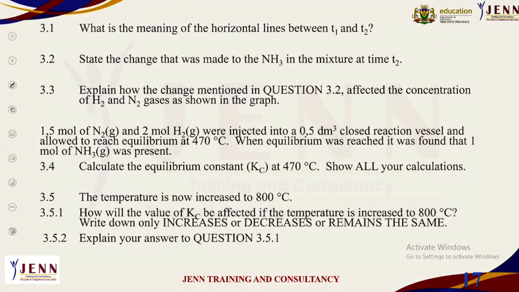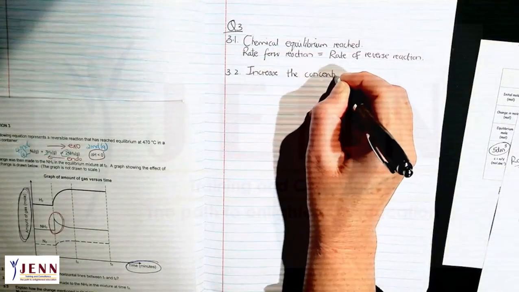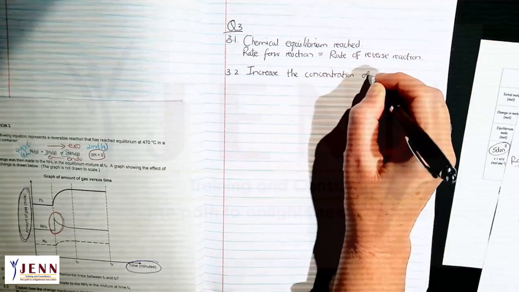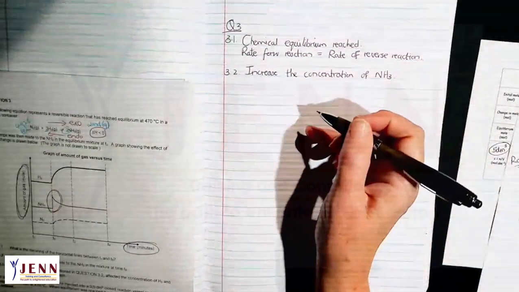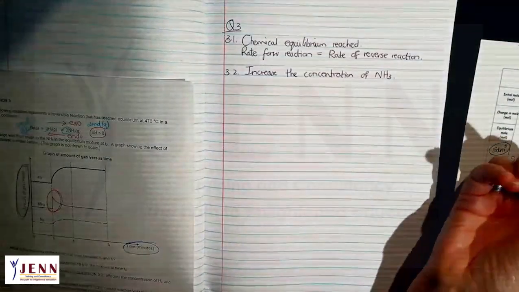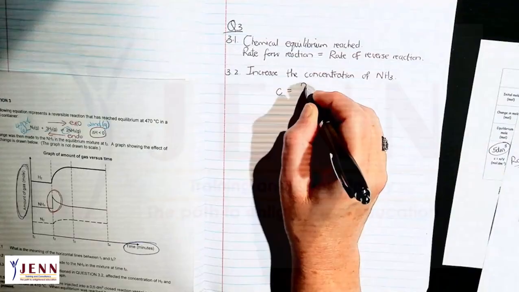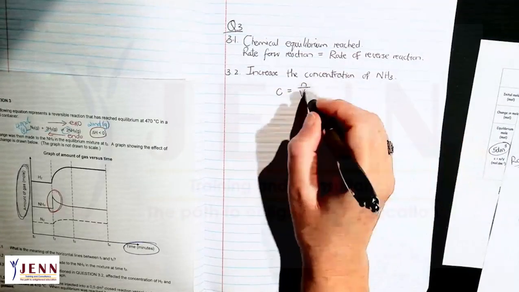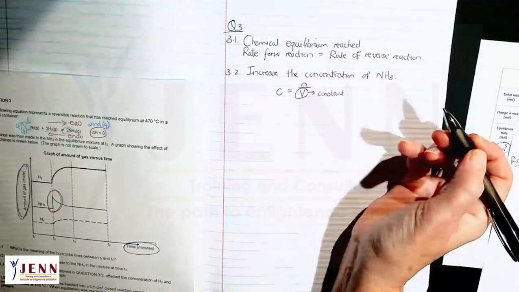Okay, now the change, you can't just say I've added NH3. I will increase the concentration of NH3. Okay, now why? Because the graph gave me amount of mole of gas. Now, ma'am, why do you tell me it is concentration? If you look at the C equals N divided by V equation, the volume of the container was kept constant because they didn't tell us we changed the volume.